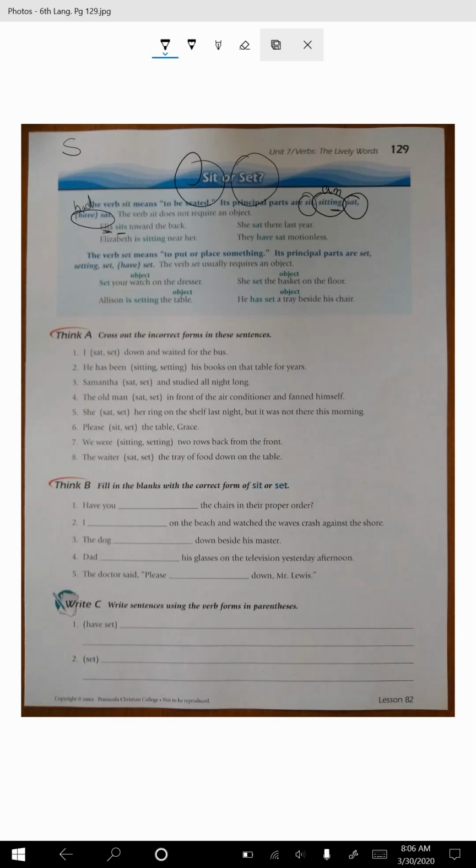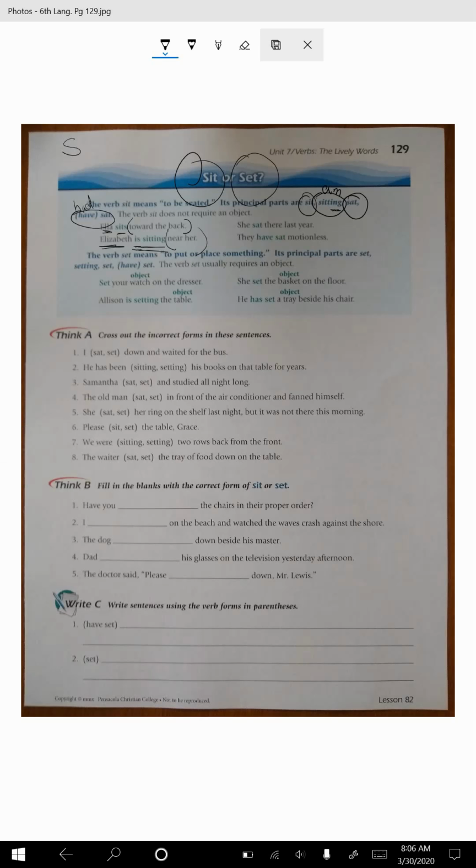So Ella sits toward the back. Prepositional phrase, by the way. Elizabeth is, that's singular, see the S there, sitting near her. Prepositional phrase, but is sitting. Whoops, that should be the whole verb. There you go. Is sitting.